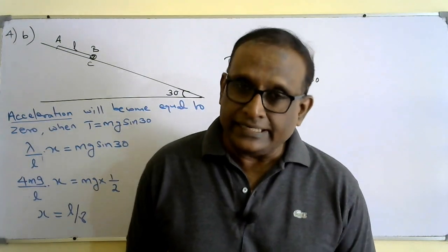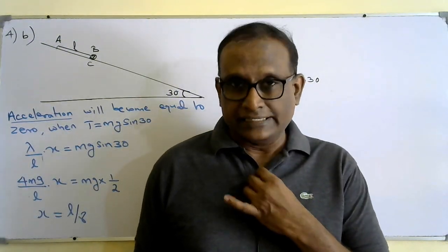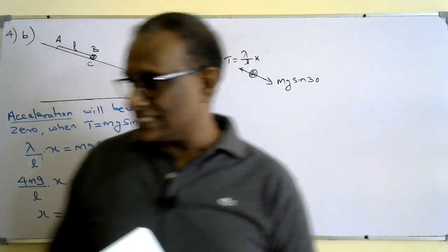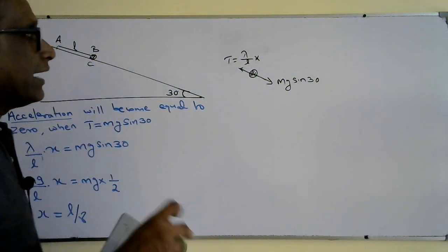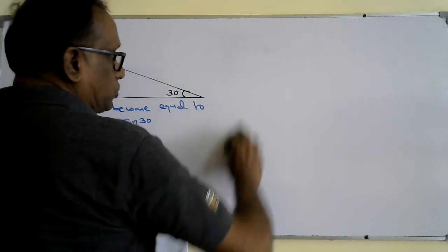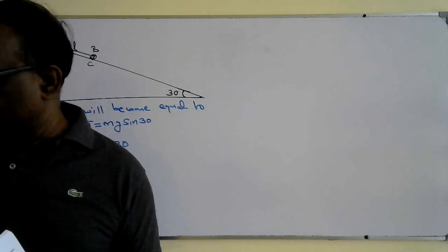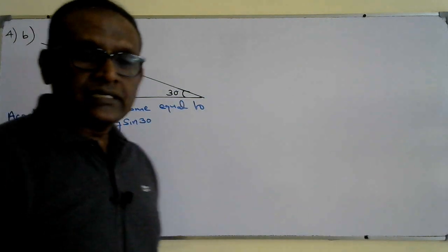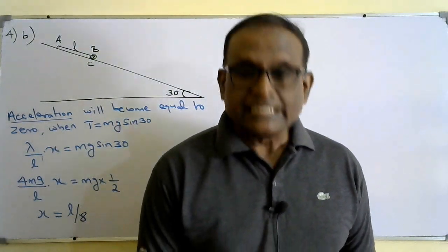We can find it in two different ways. One is by using the energy equation, the other by using Newton's second law, F equal to ma. Either one we can choose, but I'll do both methods. Until this extension, we will write the energy equation.